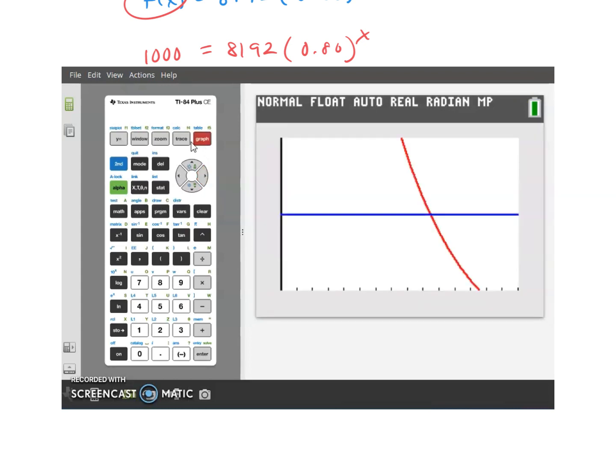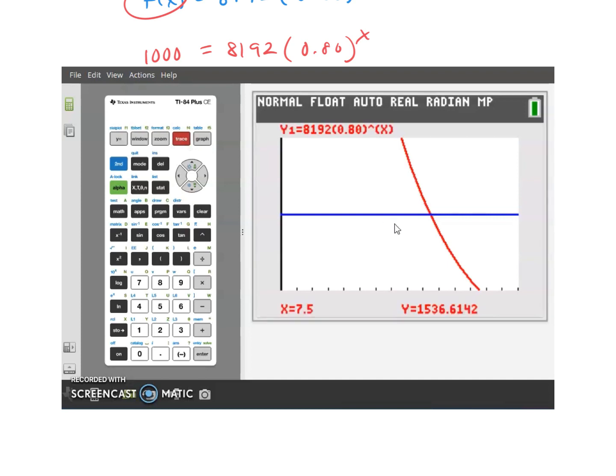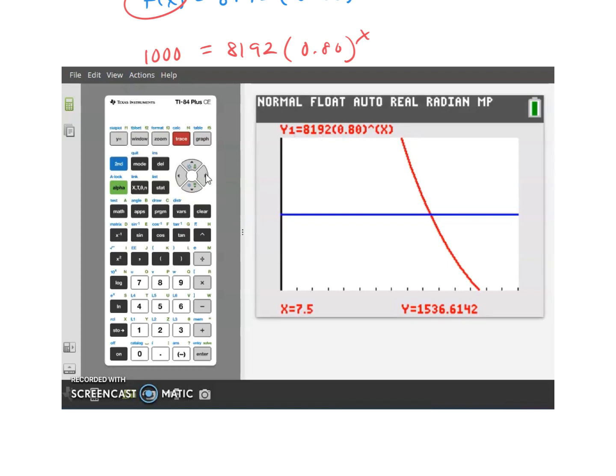Oh, we can again. So we want to trace it. I think when you hit trace, it puts you on whatever your first function was automatically. If you hit left and right, it'll go along that function, but the horizontal line is easier to trace along. So I'm going to arrow up. That puts us on the horizontal line. Let's go on over until we want to estimate. This is all an estimate, or an estimation. Do you think that's the intersection?